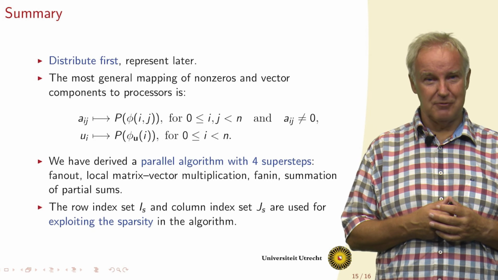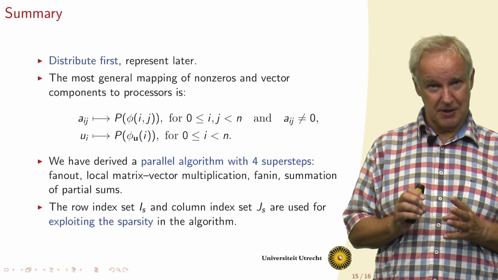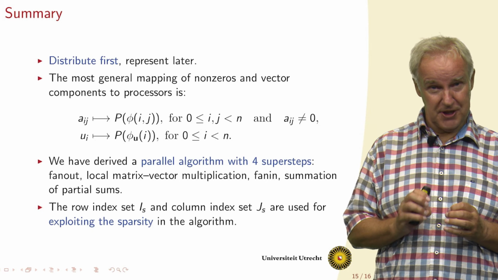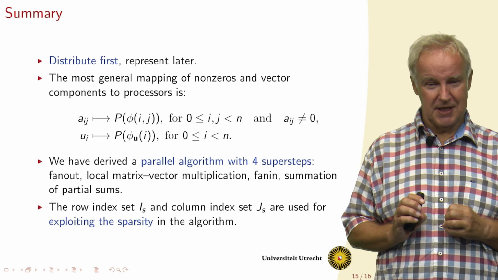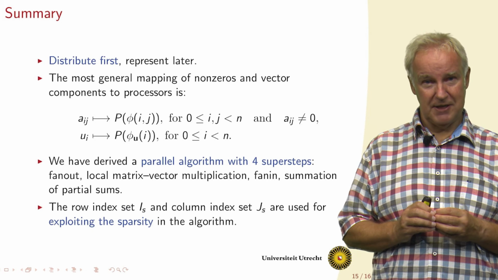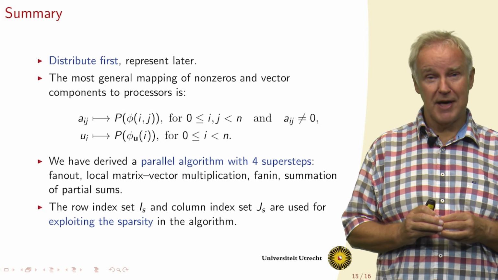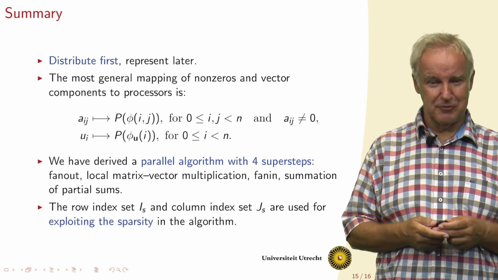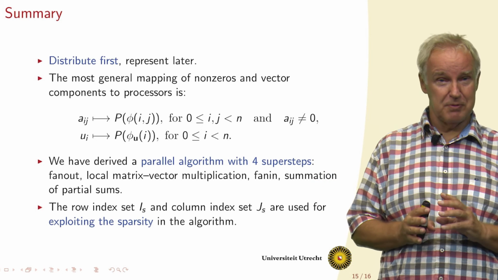Okay, a summary of what we have seen. We distribute the matrix first, assigning non-zeros to processors, and then we represented those non-zeros in the processors. And we have a mapping phi for the matrix, phi u for the vector u, and phi v for the vector v. We've seen we have an algorithm with 4 supersteps.